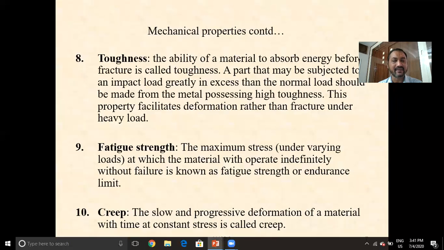If the load is acting continuously for a long time, then it deforms. So the slow and progressive deformation of a material with time at constant stress, or constant load, is called creep. And creep is one of the important properties to be considered while designing furnace applications.